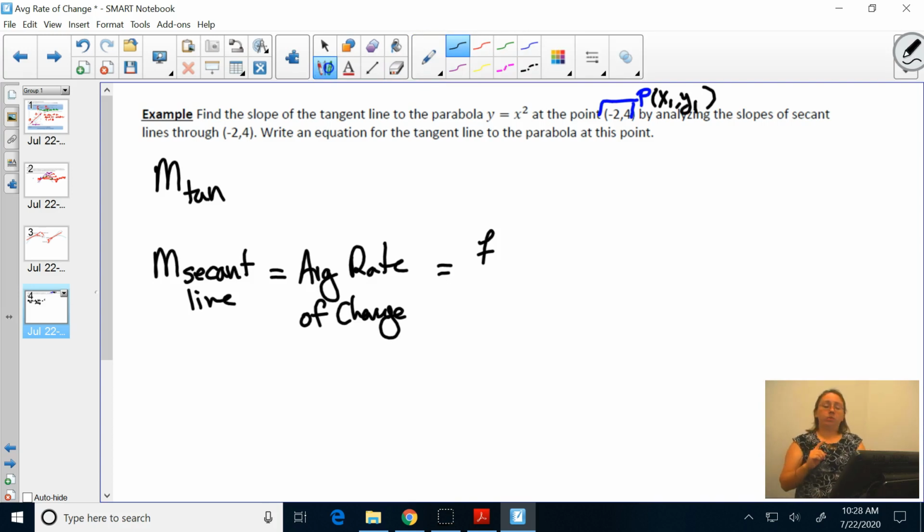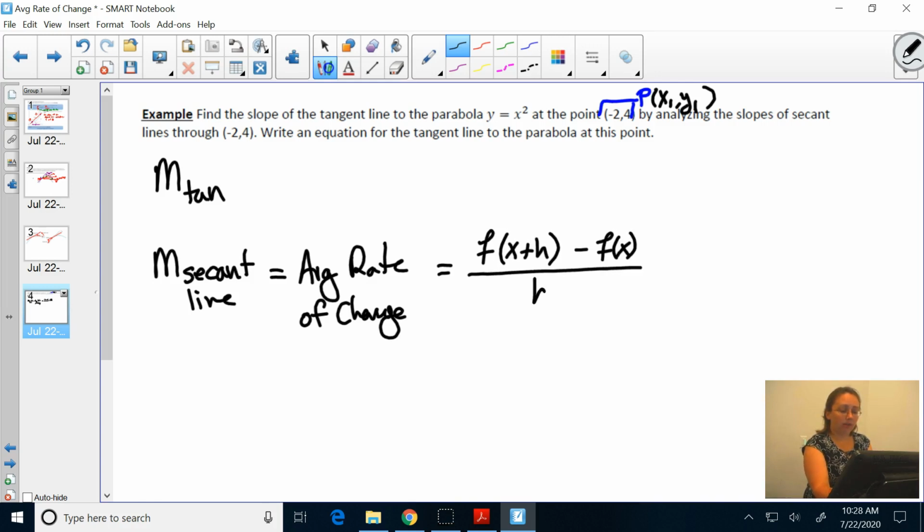So what I'm going to do is use the formula for average rate of change that involved x and an h. So f of x plus h minus f of x all over h. This is going to be the most common formula for you to use when you're talking about rate of change, when you're trying to find a limit.